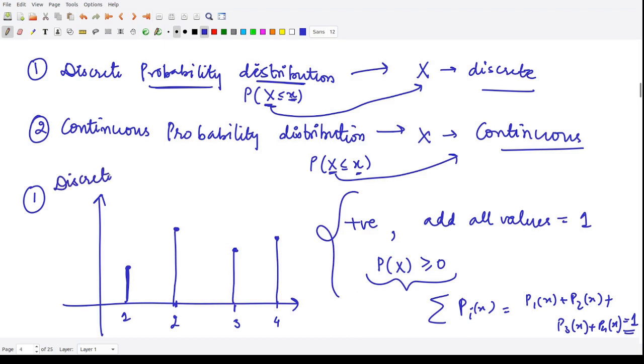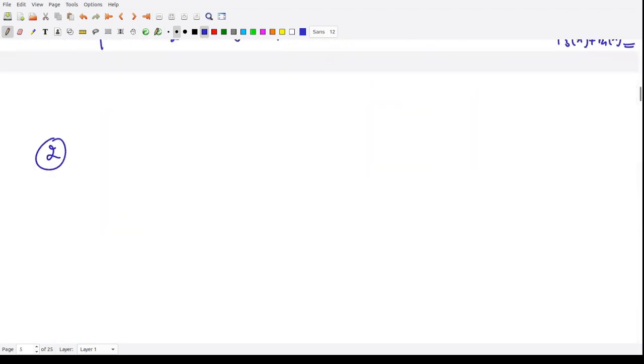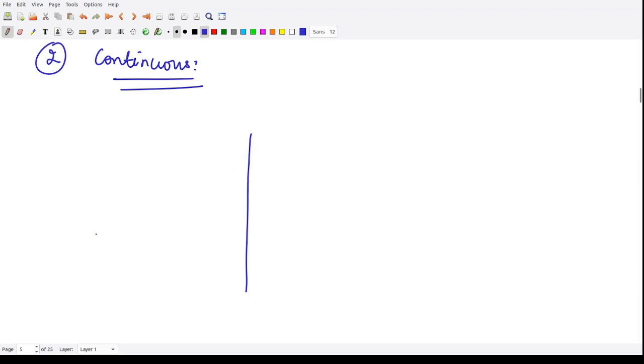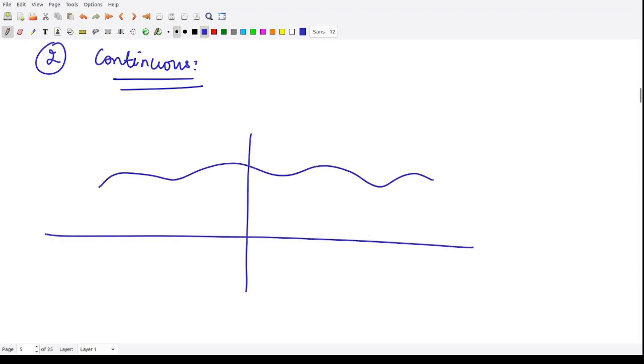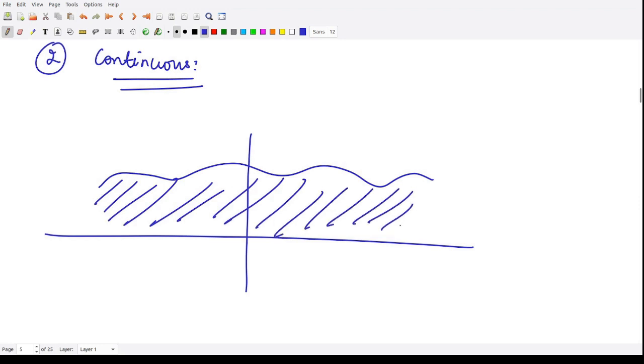For the continuous case, your graph would look something like this. Your function would be some continuous curve. Whatever is the area under this function is going to be the sum of all the probability.